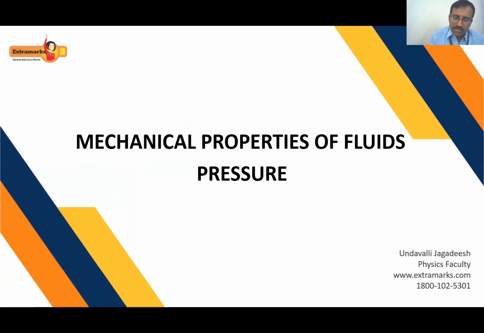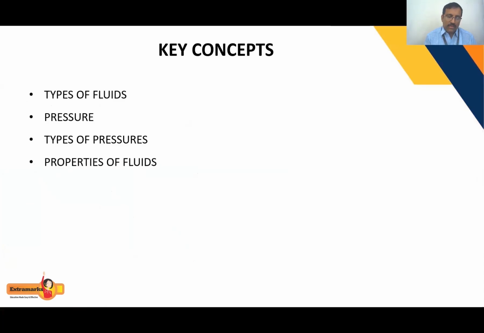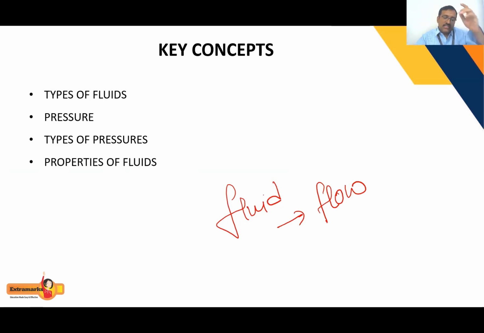So the topic is mechanical properties of fluids. First we have to talk about the properties of fluids and pressure. So first, beforehand, what do you mean by fluid? Generally, you should first know what a fluid is. Fluid means which will flow. Many students have a wrong idea that fluid means only liquid.